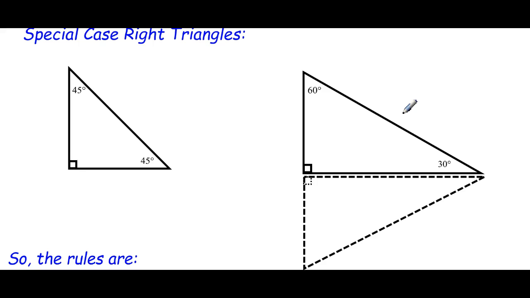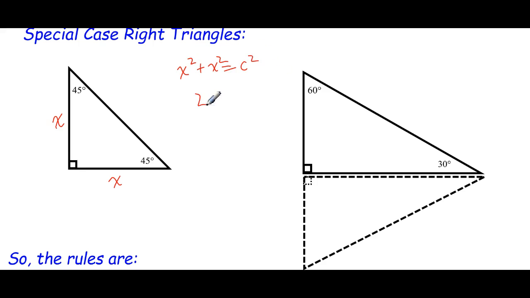For example, if these angles are both 45 degrees, then this triangle is sort of a mirror image this way, diagonally. And what that means is, whatever measurement you have there, you got to have the same measurement here. So instead of talking about a squared plus b squared equals c squared, here you have x squared plus x squared equals c squared.